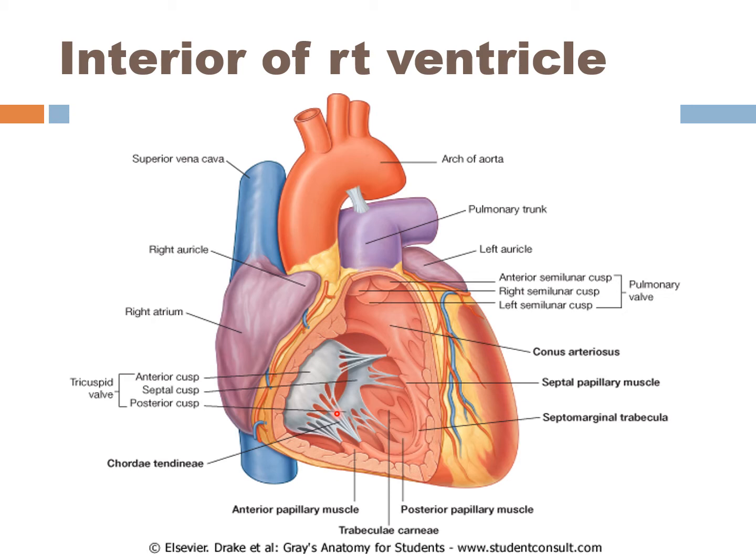Infundibulum refers to the outflowing part. The interior of the right ventricle has two parts: inflowing, the rough ventricle proper, and outflowing, the smooth conus arteriosus.